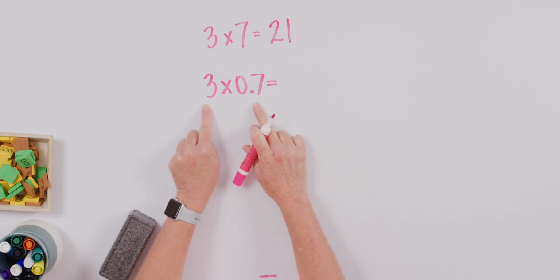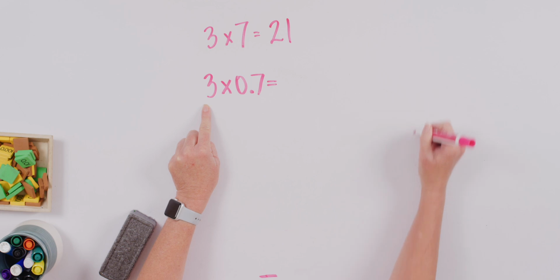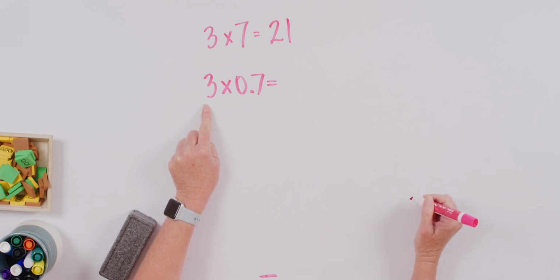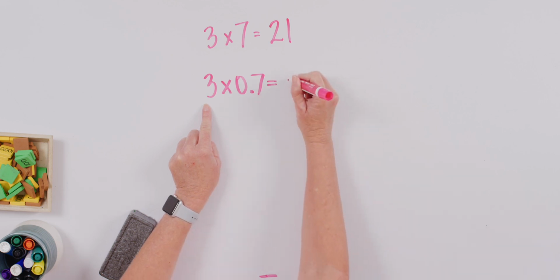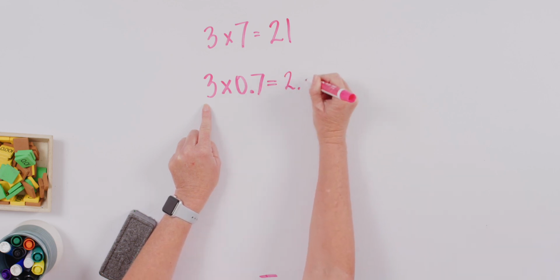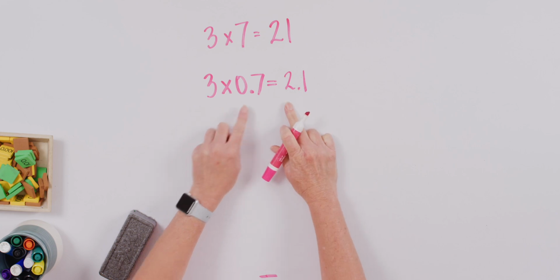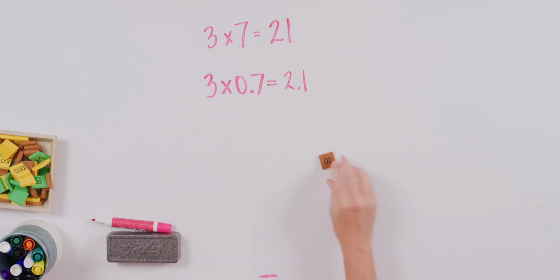Okay, so I have 7/10. Can you imagine 7/10, 7 of my 1/10 place value discs? And I want 3 times as many. Yeah, your answer is going to be 2 and 1/10. It'll be 21 tenths, but we know that 21 tenths equals 2 wholes and 1/10 left over, right?